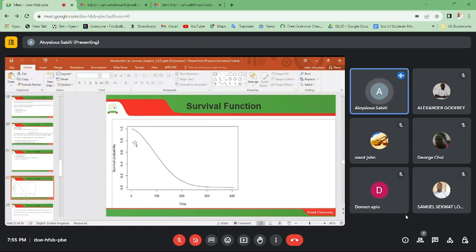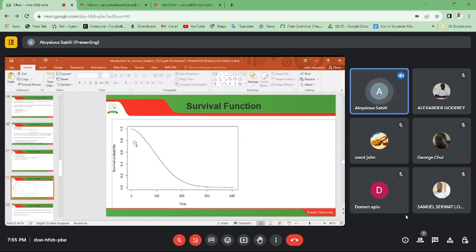So that is time. We can look at it in terms of months, years, or weeks. You can deliberate on the time or the period that you would want to look at.